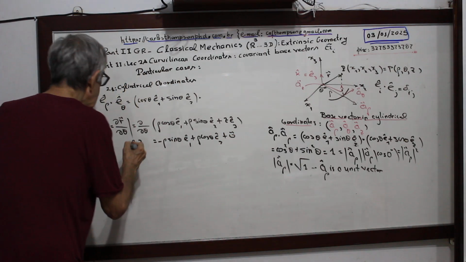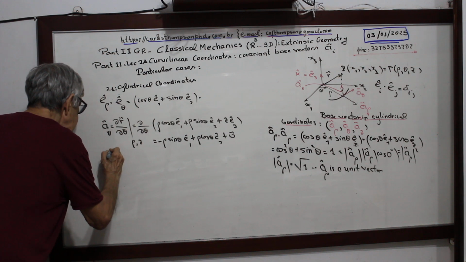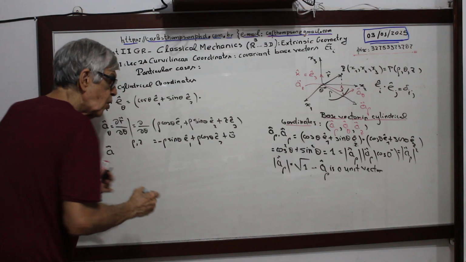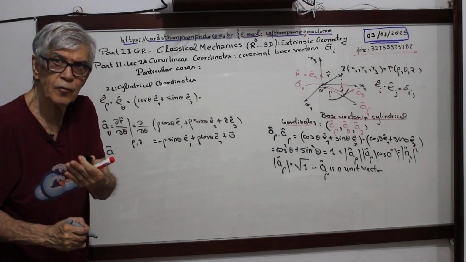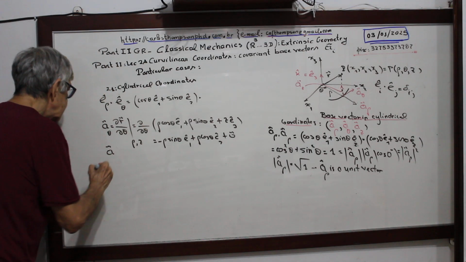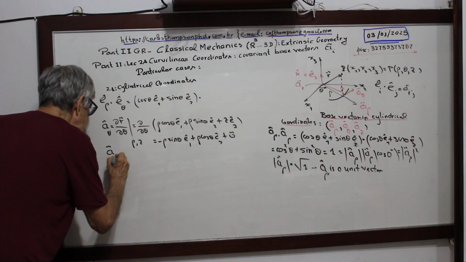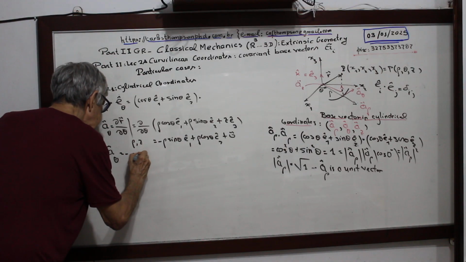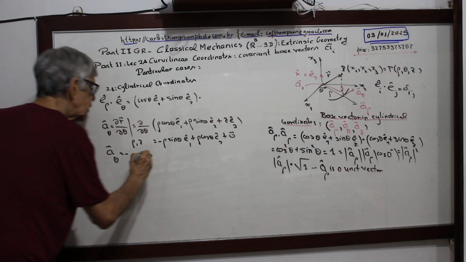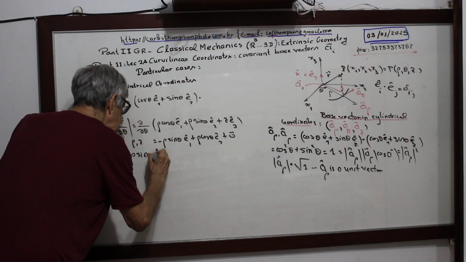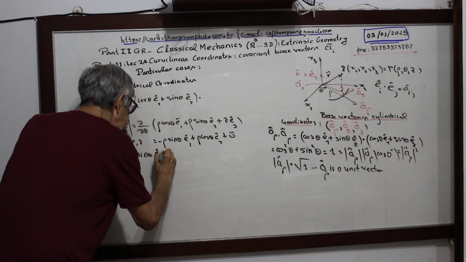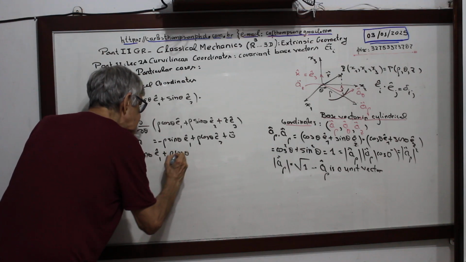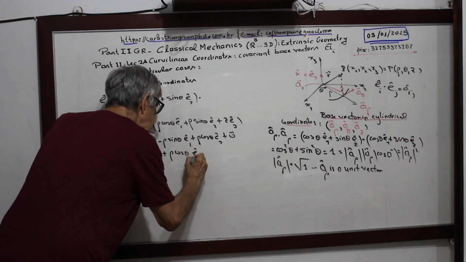So I can write now, but just repeat, because I don't have a paper in front of me. Then A theta is equal to minus rho sine theta E1 plus rho cosine theta E2.